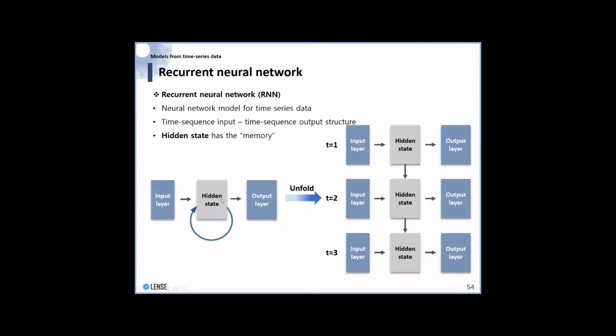There's what's called a hidden state from the hidden layer, which goes back as input. So the input layer flows into the hidden state and goes to the output layer, but this hidden state is carried over to the next hidden state. Therefore, your input at time one can affect output later on, because the information passes through all these hidden states. You see that?